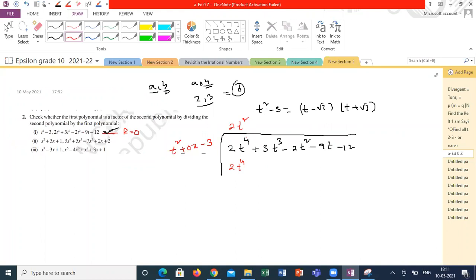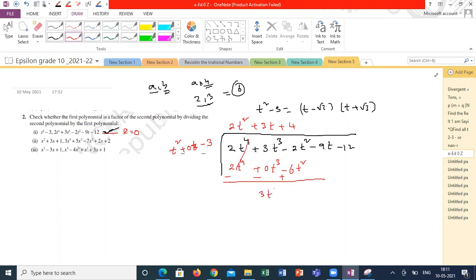What is the quotient you are getting here? Plus 2t square plus 3t plus 4. And 2 into 3 is minus 6t square. Minus plus.